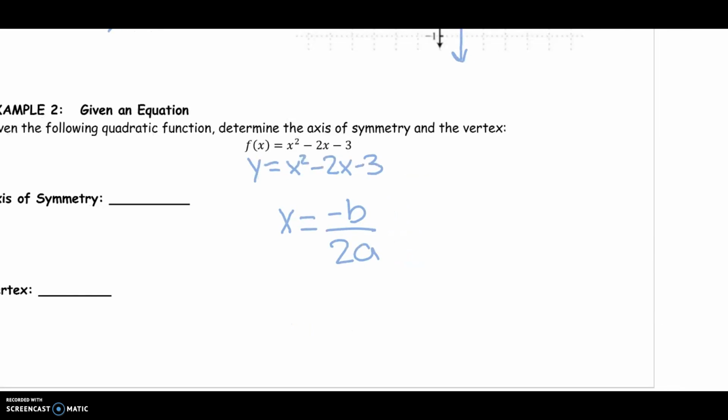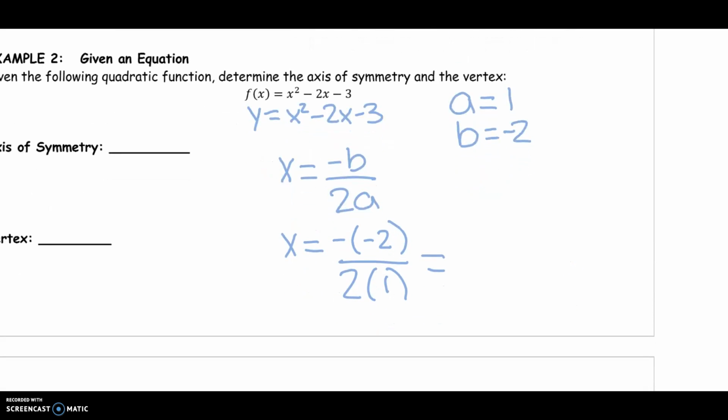So first we need to identify what a and b are. a is the coefficient of x squared, which is 1. And b, the coefficient of x, in this case is negative 2. So now I'm going to plug in, and I get x equals negative negative 2, over 2 times a, which in this case is 1.